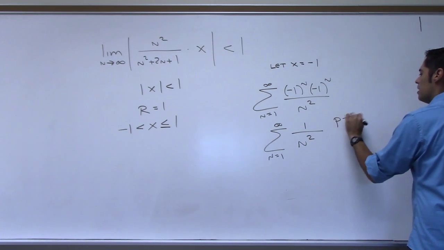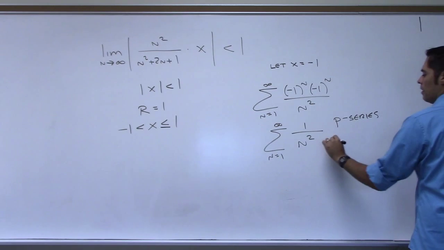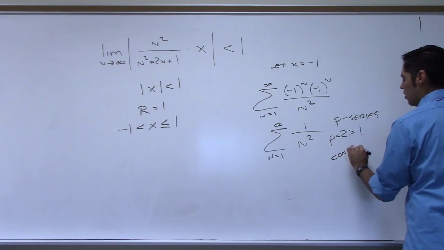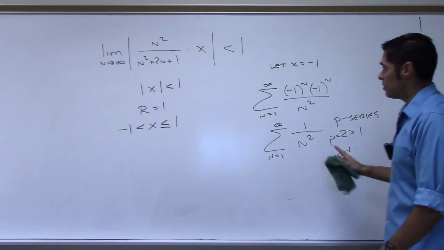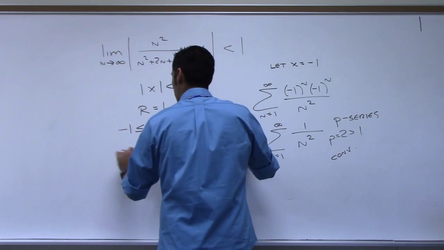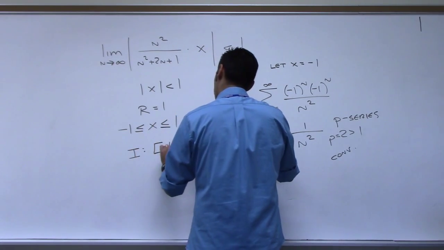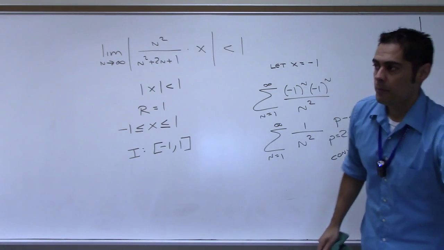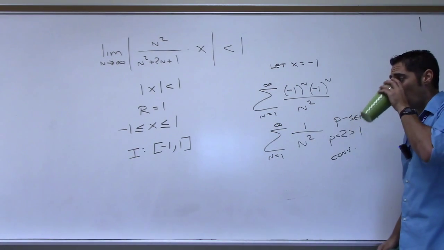This is a p series. P is 2, which is greater than 1. Therefore, it converges. And so it converges on both ends when x is 1 and negative 1. So I want to include them both. So my interval of convergence is the interval negative 1, 1, including both, so brackets on both. All right.